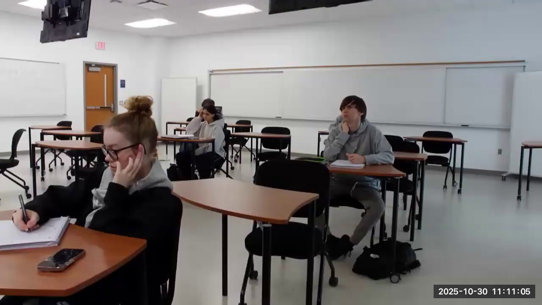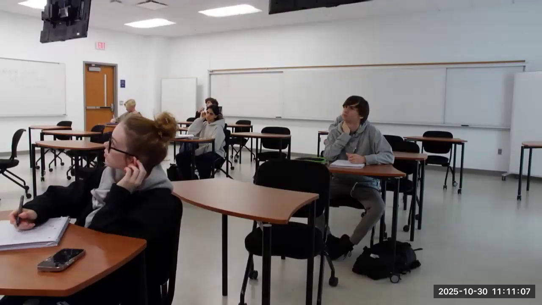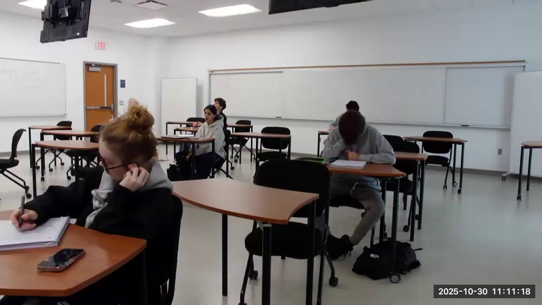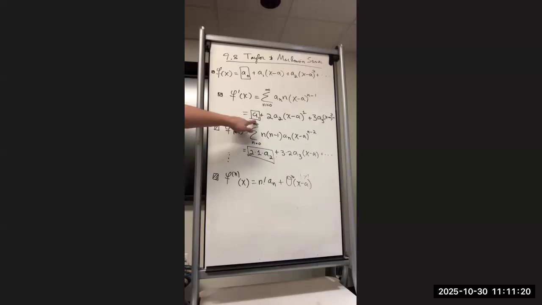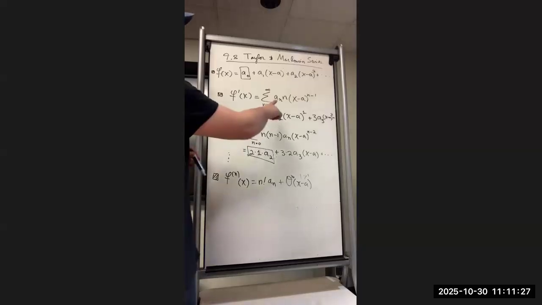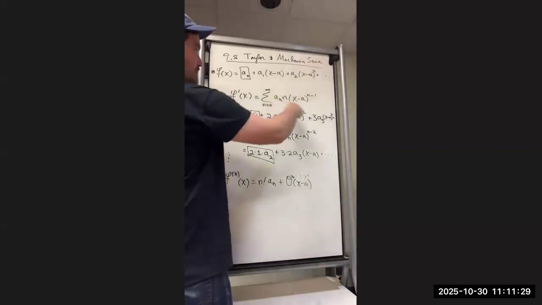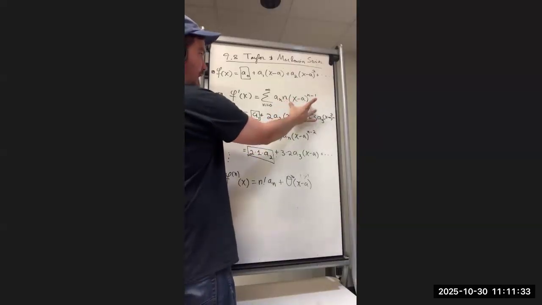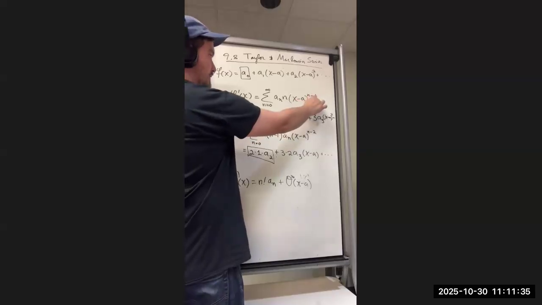Wait, so why is a1 backing out here? Yeah. Right. All you're doing is plugging in. When you plug in 1 into this expression, you'll get a1 times 1 times (x minus a) to the 1 minus 1.